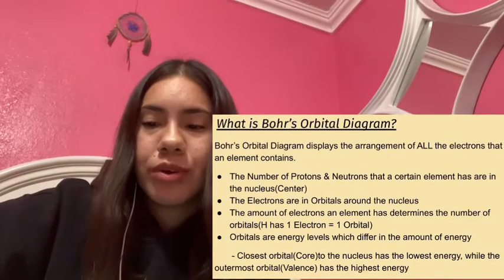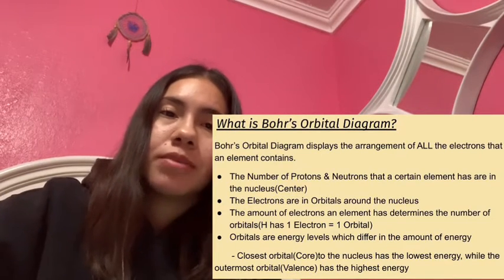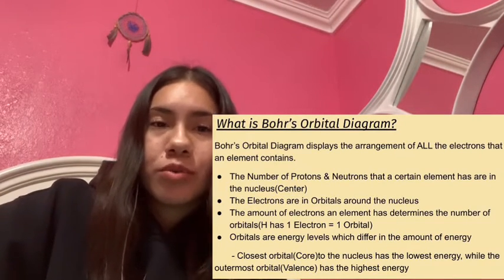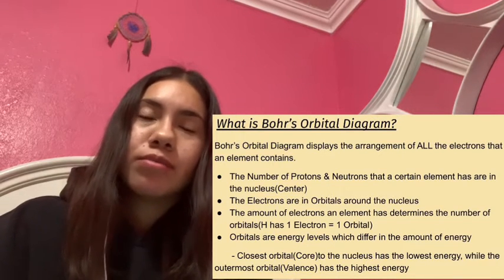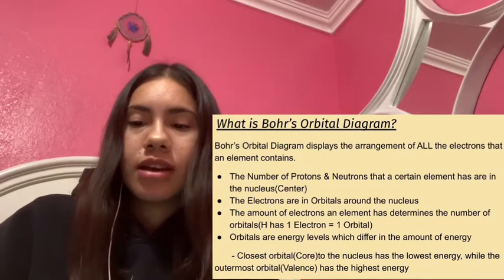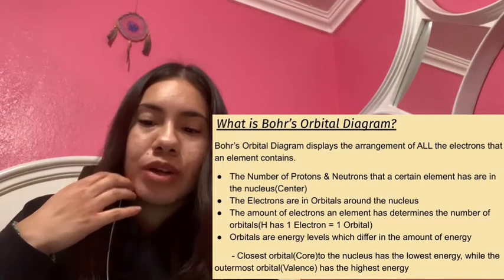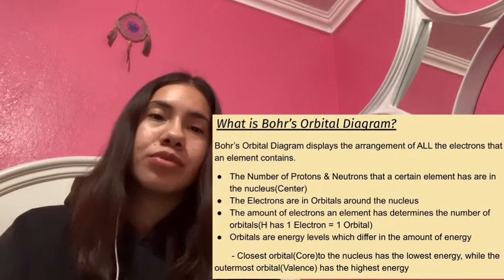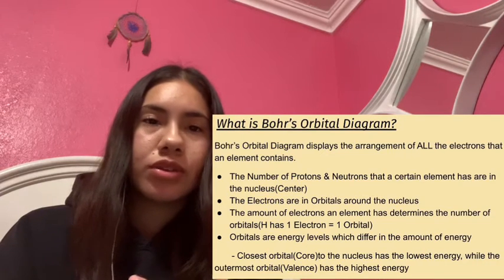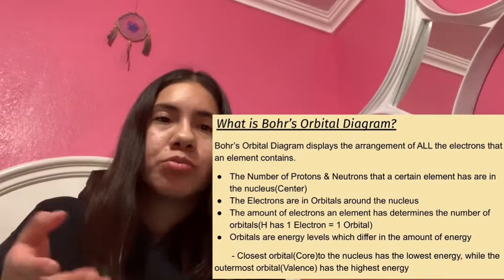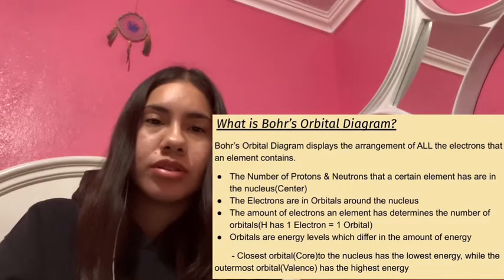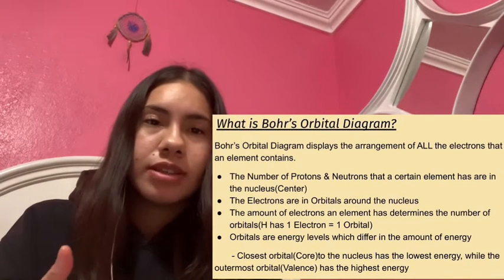And so what is Bohr's orbital diagram? Bohr's orbital diagram displays the arrangement of all electrons that an element or atom contains. The way to draw it is you would put the number of protons and neutrons in the nucleus in the center. So it would be like a little circle, and you would put the number of protons and neutrons that an element contains.